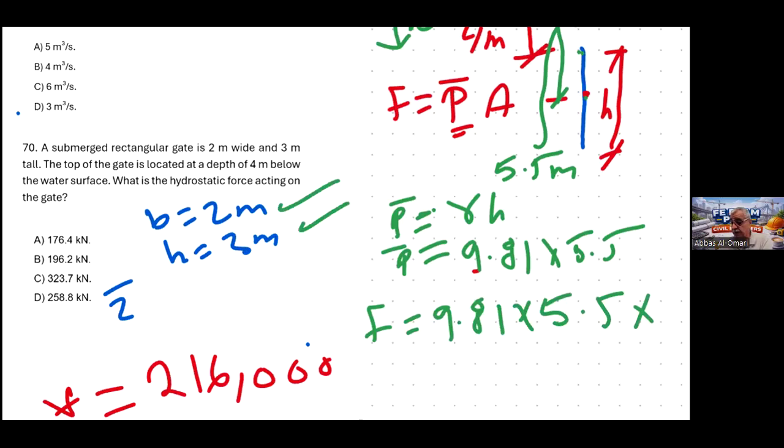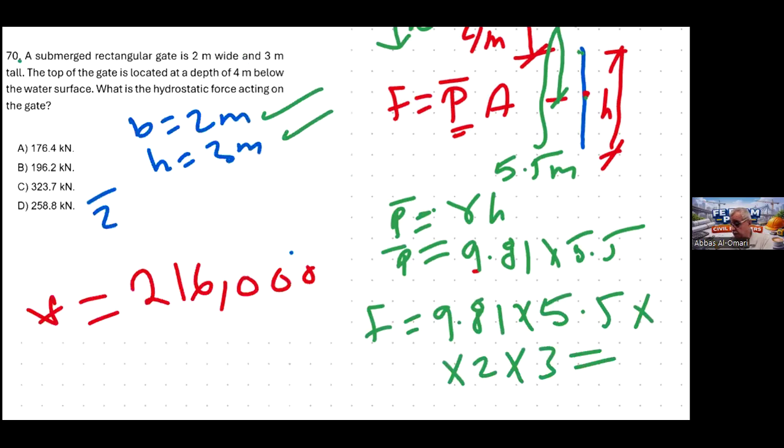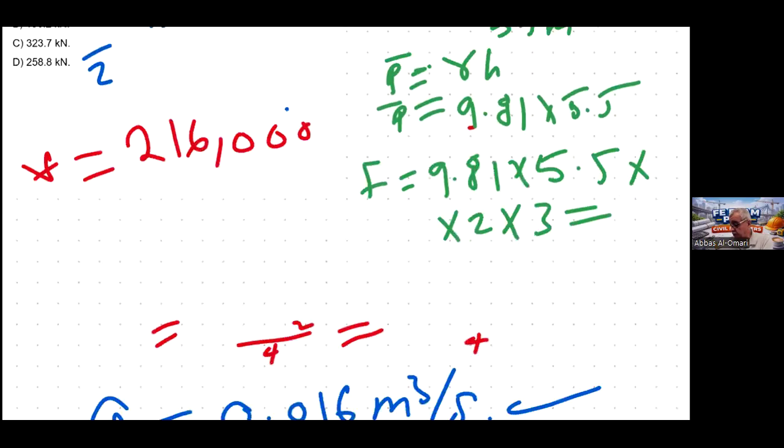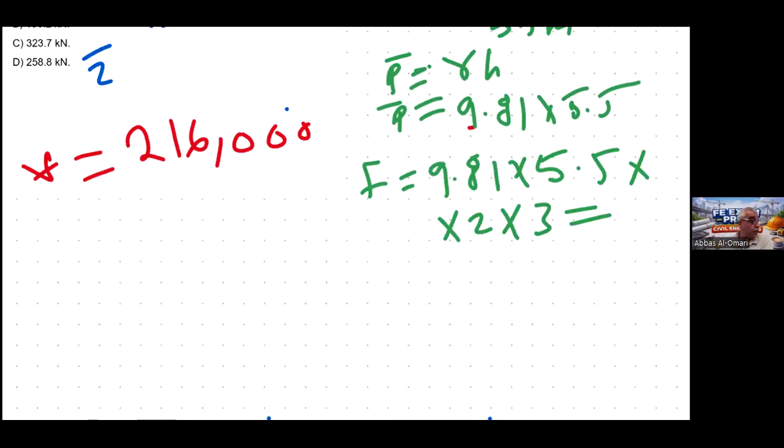So if you do the calculations, the force F equals 323.73 kilonewton.